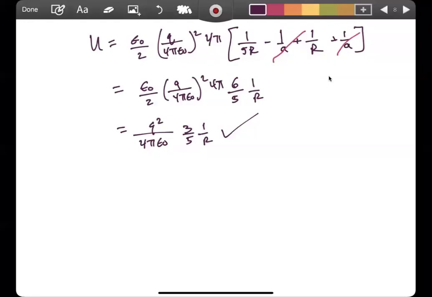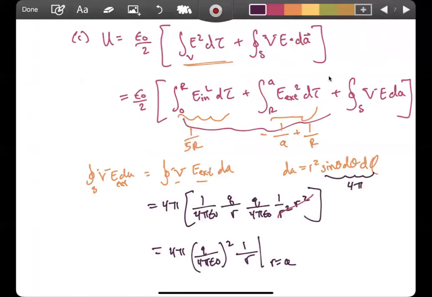Other than that, notice that as a, as the question is asking, goes to infinity, the surface term in the limit that a goes to infinity goes as 1 over a, which means that this thing is going to go to 0.